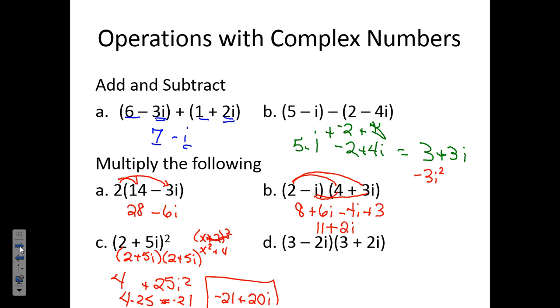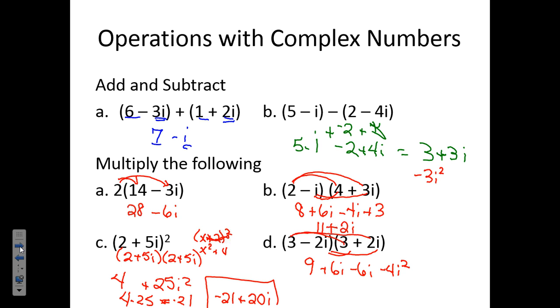These guys are called complex conjugates. We'll talk about them in just a moment. But notice what's going to happen here. 3 times 3, outsides, insides, and lasts. Insides went away.